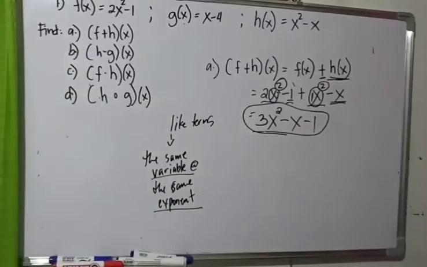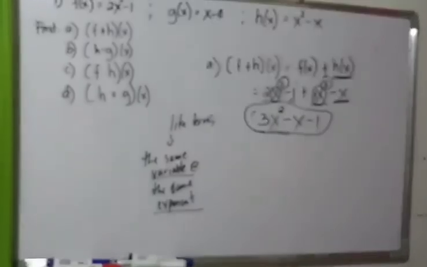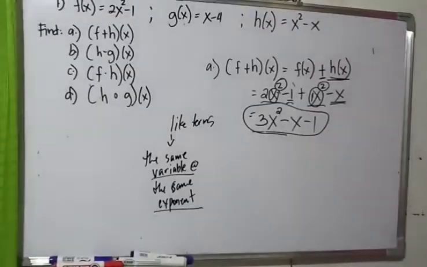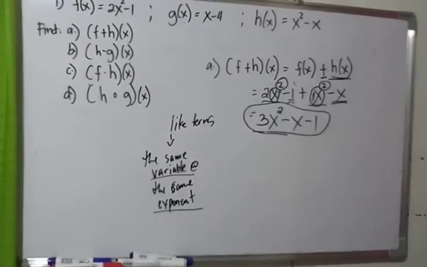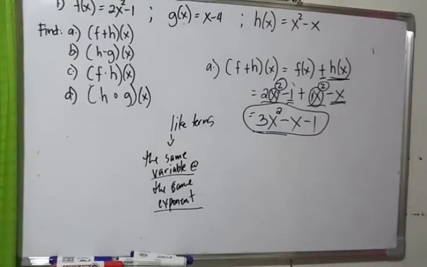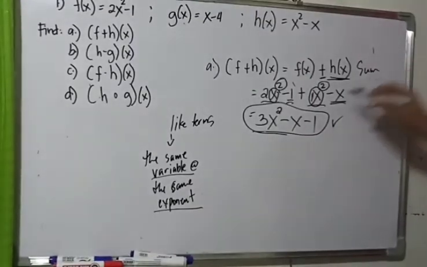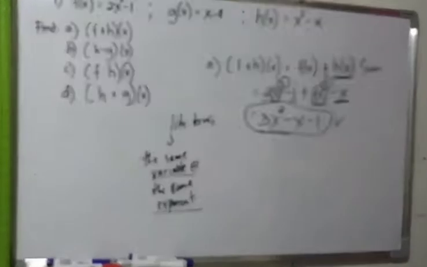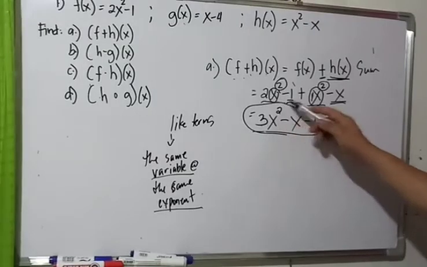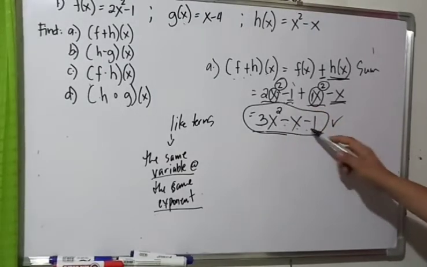Okay? Question about sum. I-add lang natin yung like terms or the same variable and the same exponent. So, ito na yung final answer for the sum, f plus h times x: 3x squared minus x minus 1.